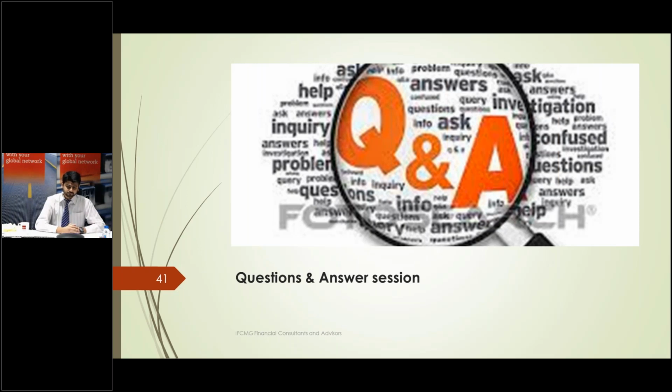Okay, there are a couple more questions only, so we'll very quickly try to wrap them up. Muhammad Daud Ashad is asking how to check the impairment of goodwill at the end of the year. Goodwill impairment is a very subjective area, as with revaluations, because wherever estimations are involved, there are a number of models that analysts use to calculate their projections.